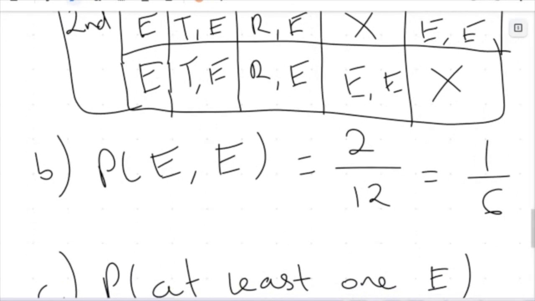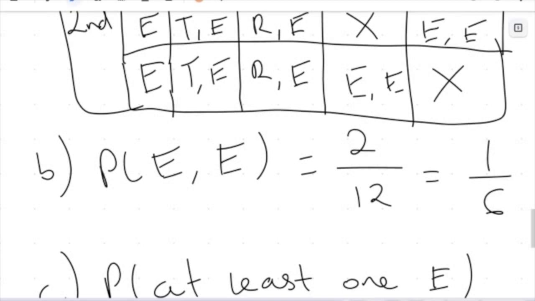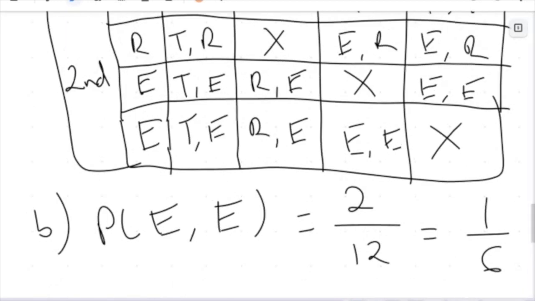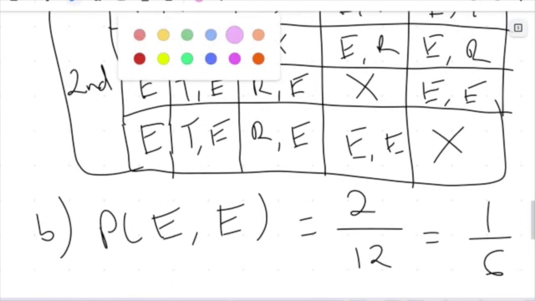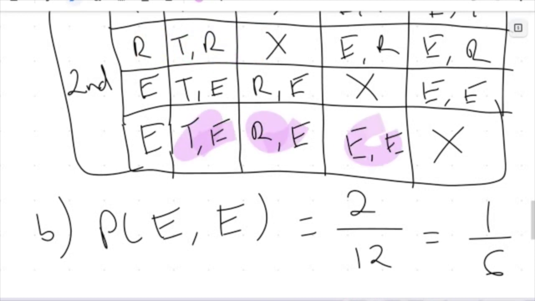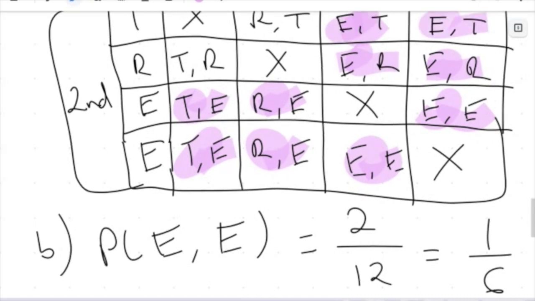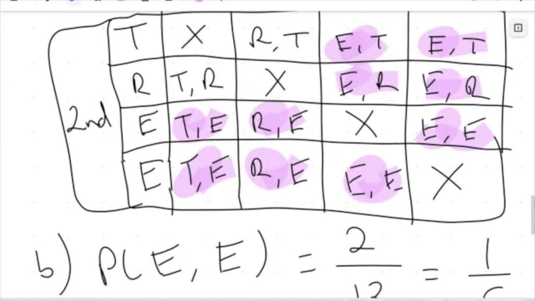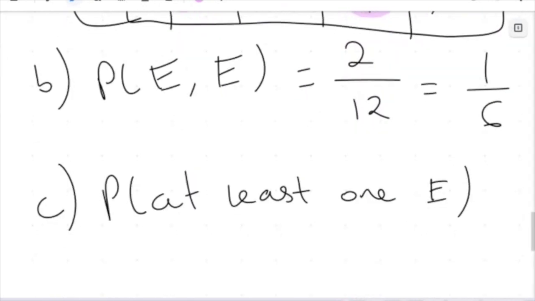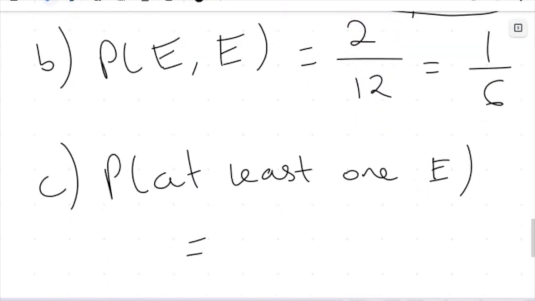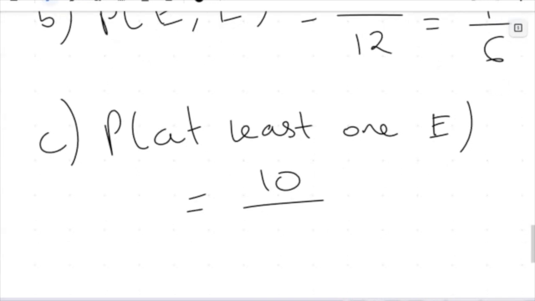So we have to locate any time there is 1 or more E's. So I have this here, this here, this here, this here, this here, this here, this here, and here, here, and here. So how many of these do I have? I have 10 favorable outcomes over the total amount, which is 12, and this simplifies to 5/6.